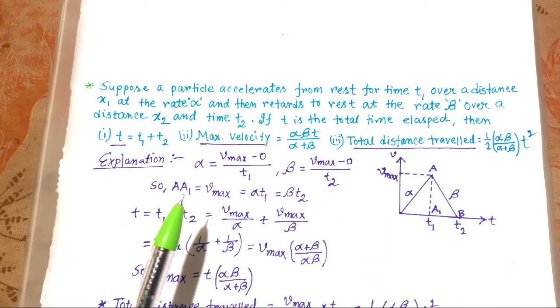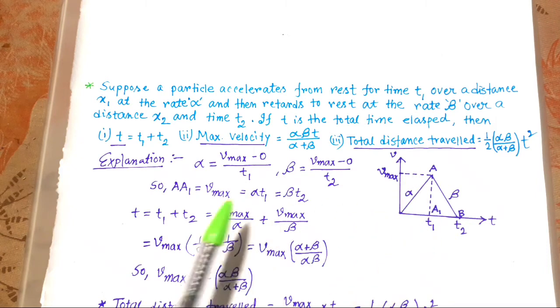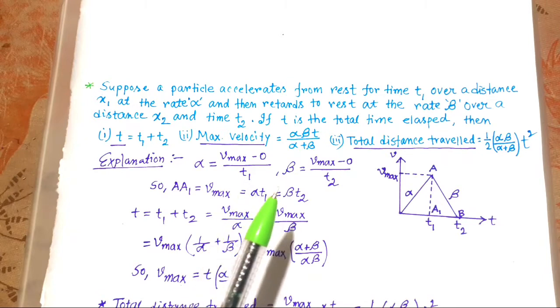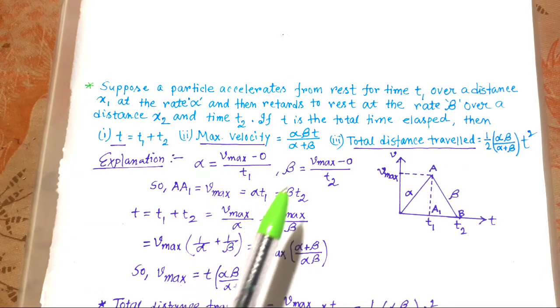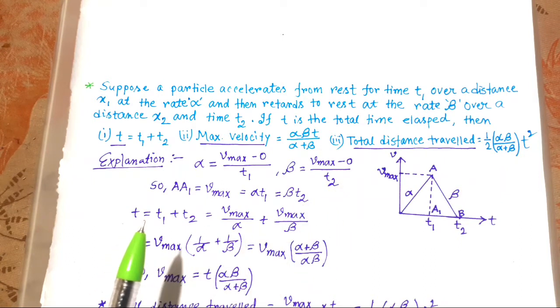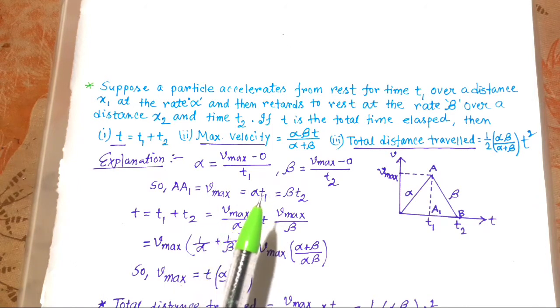So now Vmax equals, from here we get alpha t1 and from here we get beta t2. Now t equals t1 plus t2, and putting in the values, t1 is Vmax by alpha, plus t2 is Vmax by beta.